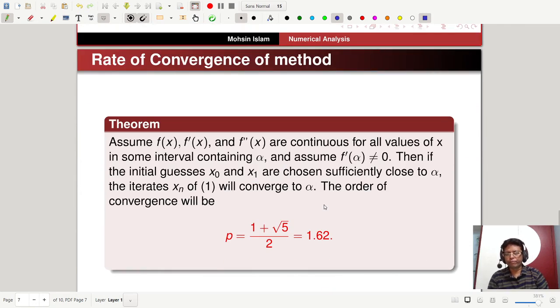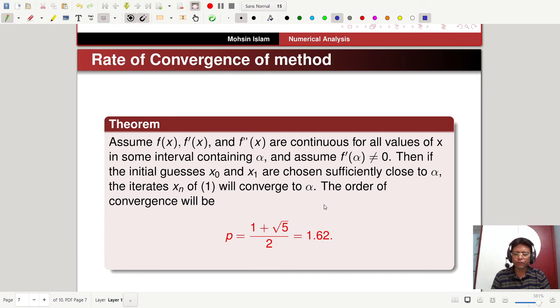So we have a theorem. What is the rate of convergence of the method? That is a very important question. Assume f(x), f prime x, f double prime x are continuous for all values of x in some interval containing alpha, and assume f dash alpha is not equal to 0. Then if the initial guesses x0 and x1 are chosen sufficiently close to alpha, the iterates xn will converge to alpha.